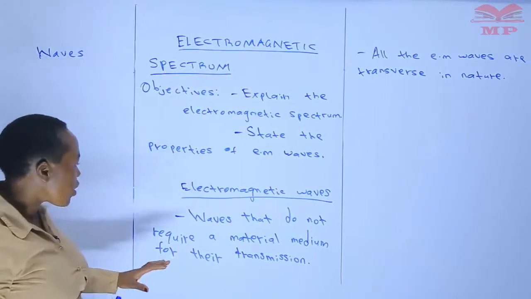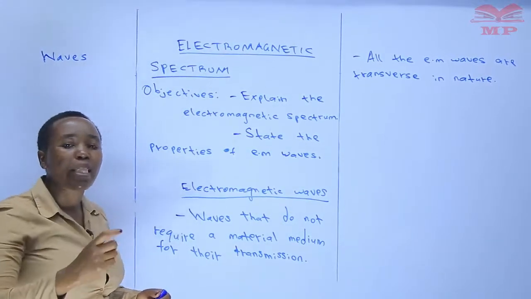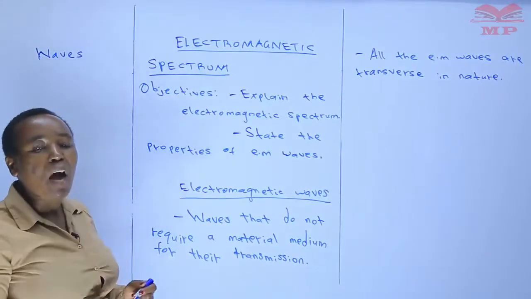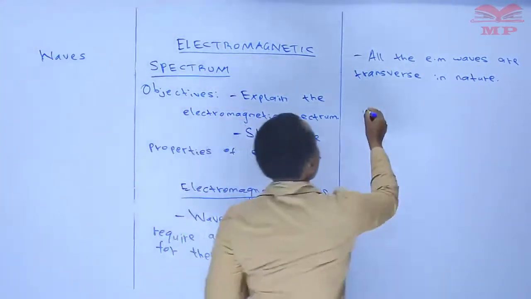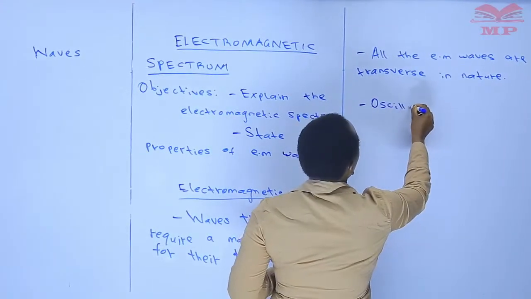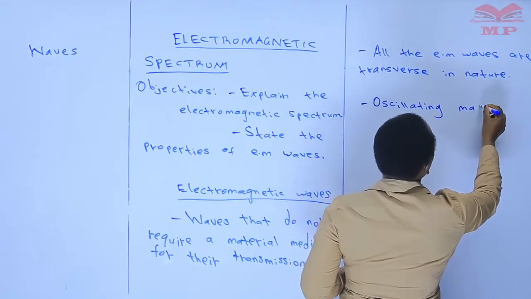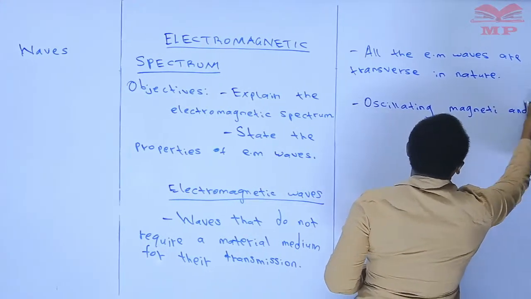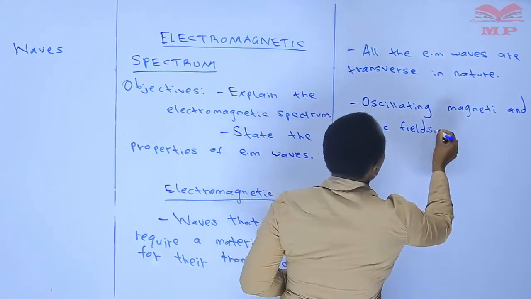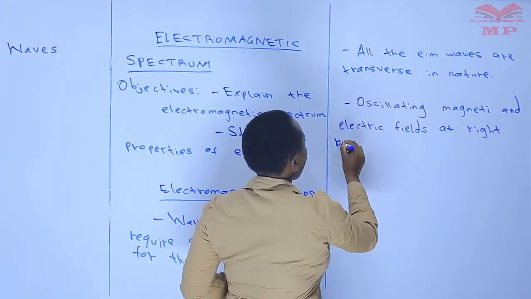Therefore, we can also say that they are produced, or formed, by the oscillating electric and magnetic fields at right angle to each other.